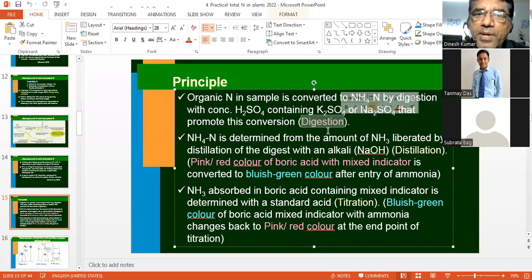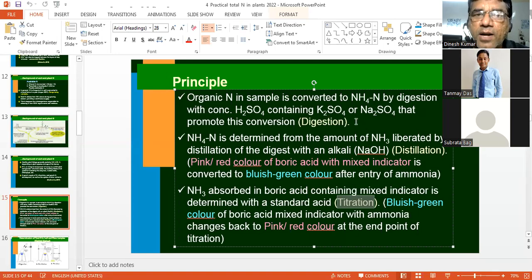Once it has come in the ammoniacal form, it can be distilled. And once the ammonia is distilled, it can be titrated. So there are three steps in estimation of total nitrogen by the Kjeldahl method: digestion, distillation, and titration.